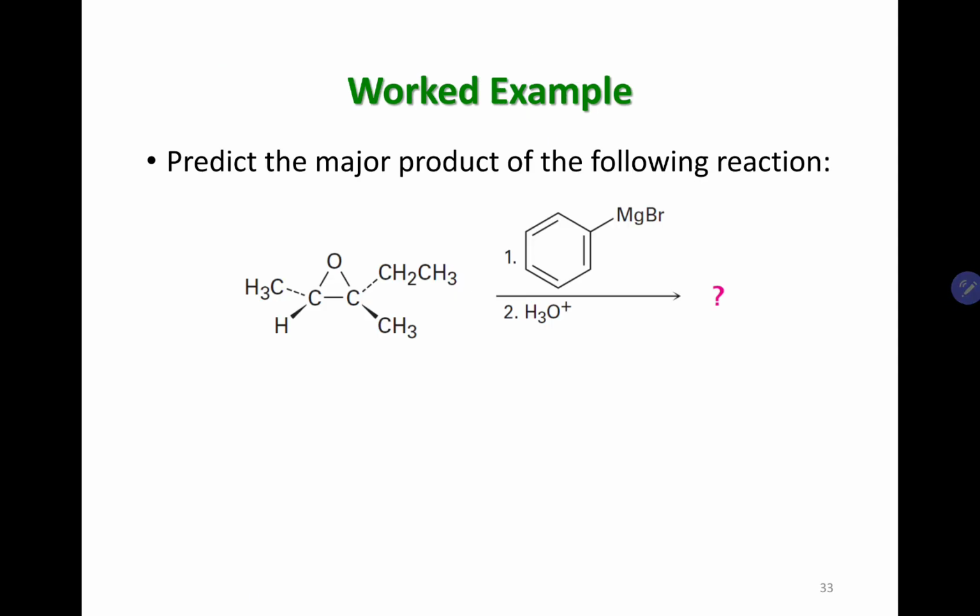So let's try this one. Let's see if you could do this worked example without my help. Pause the video now and see if you can do this one. All right, in this example, what we have is an epoxide.